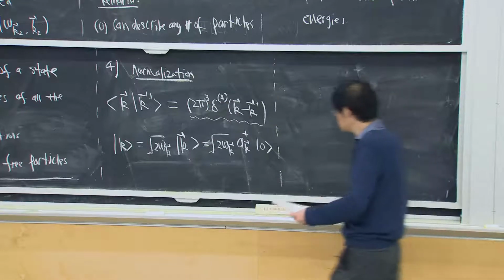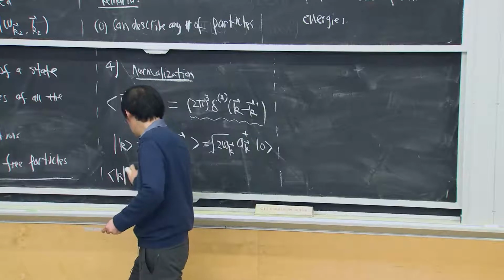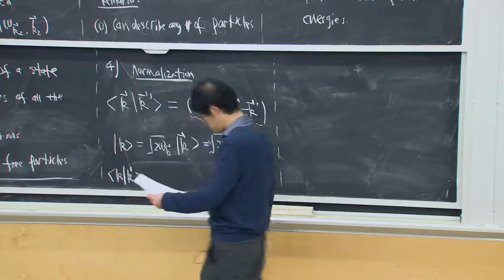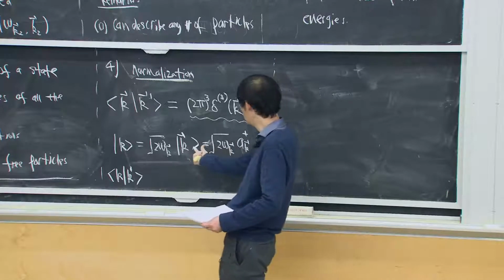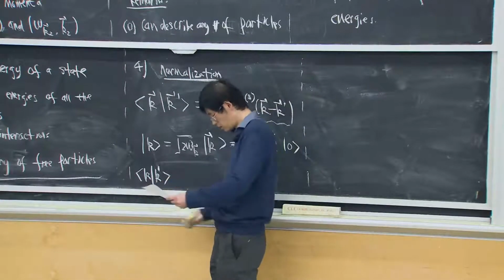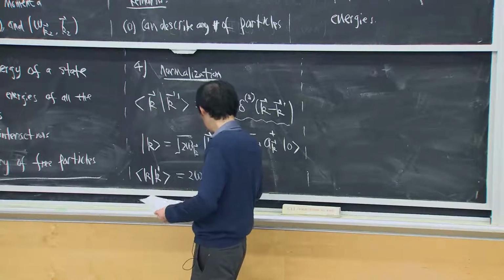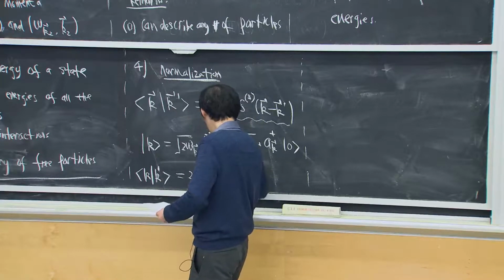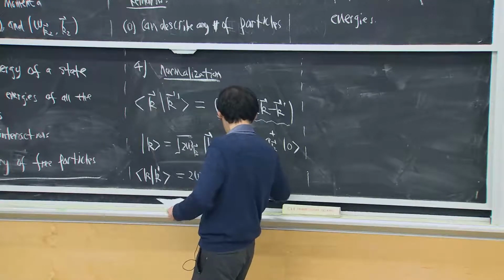Now if you compute the overlap of this k and k prime, you have square root omega_k for one of them and square root omega_k for the other, so 2 omega_k, and then you have (2 pi)^3 delta^3(k minus k prime).